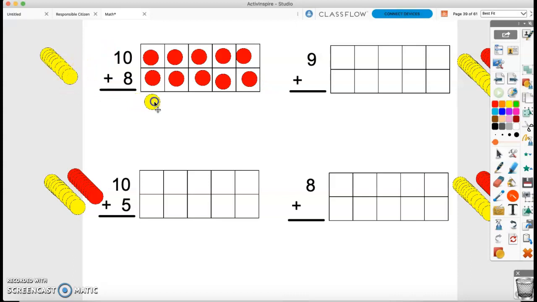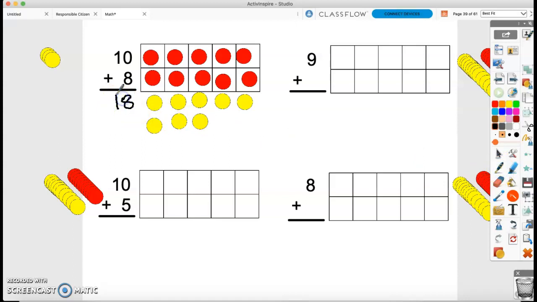And I'm going to do 8 more. 1, 2, 3, 4, 5, 6, 7, 8. So when I look at 10 plus 8, I know that 10 plus 8 is 18. So I know we have 18.